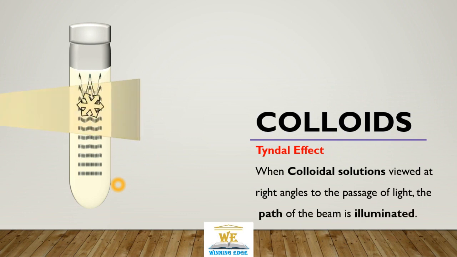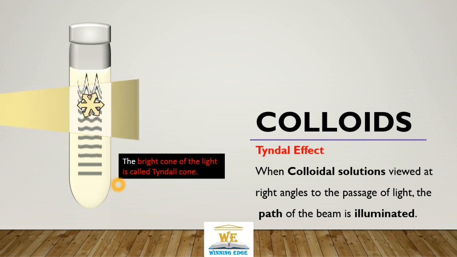So the Tyndall effect is the scattering of light by the colloidal particles, by virtue of which its path is illuminated if we view from an angle of 90 degrees to the path of light. The bright cone of light is called the Tyndall cone.